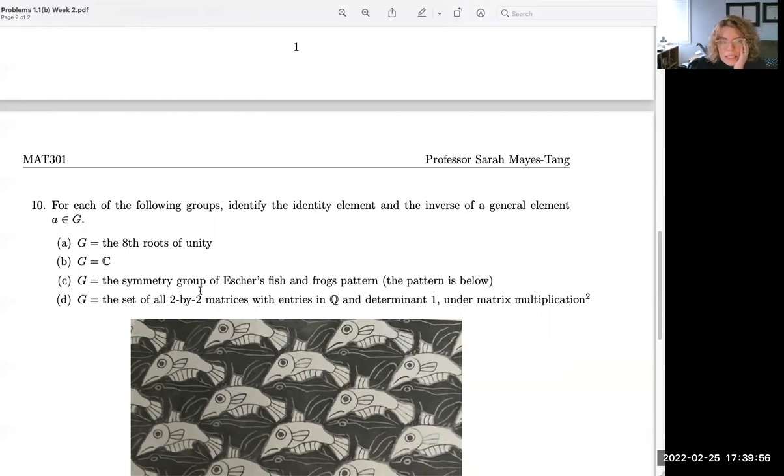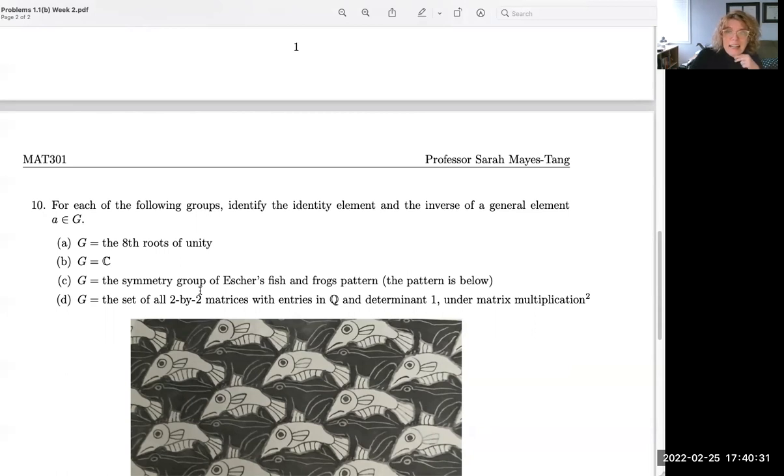But remember, what is the operation on the 8th roots of unity? Well, it's like composing the roots of unity together. Okay, so what is the identity element from that? And then you'll also get the idea of an inverse. So whether you write this down as a formula or as more of a description of what an inverse looks like, that's fine.